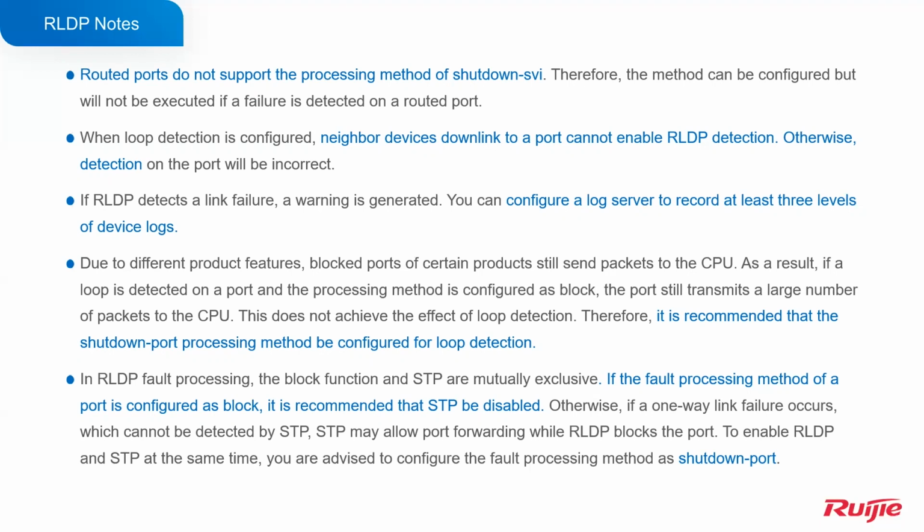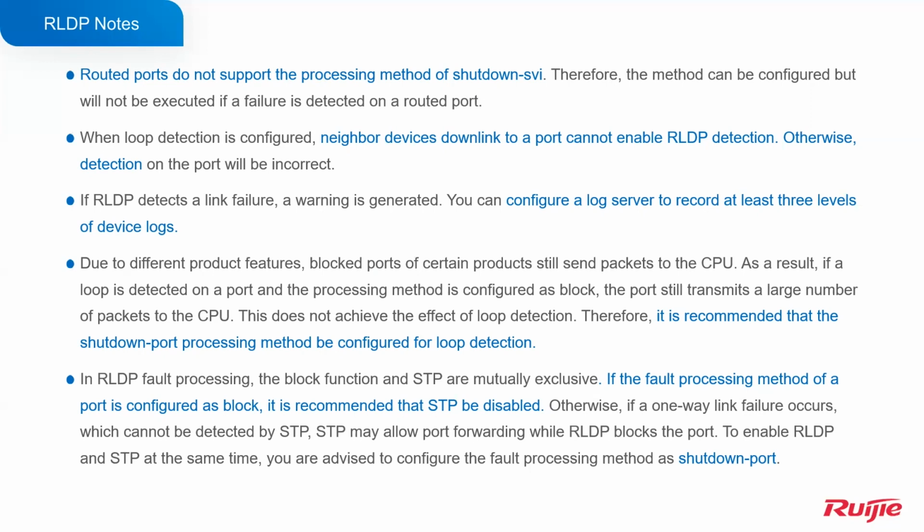So as a result, if a loop is detected on a port and the processing method is configured as block, ports still transmit a large number of packets to the CPU. It will increase the utilization of the CPU and does not achieve the effect of loop detection. So therefore, it's recommended that the shutdown port processing method be configured for loop detection.